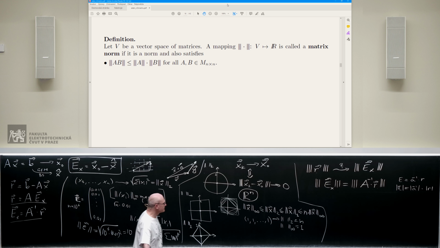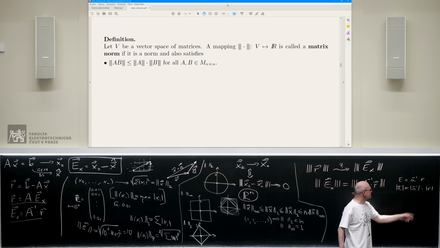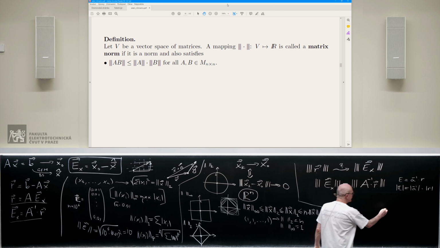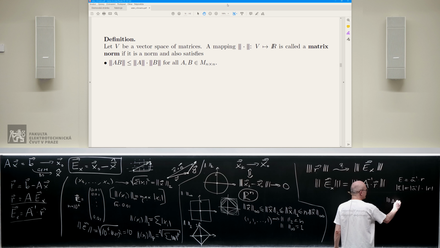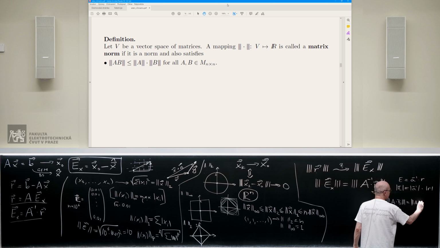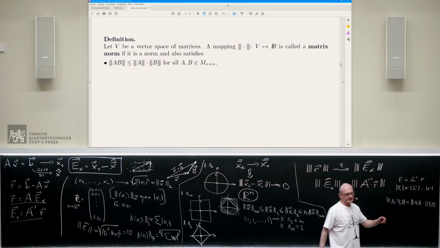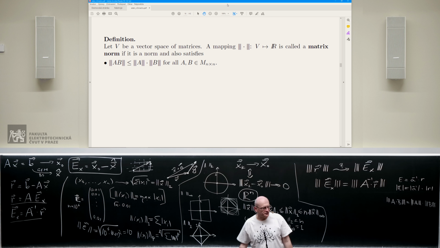Now, you may think, inspired by this equality here, when I apply absolute value, that it would actually be nice if the norm of A times B was equal to norm of A times norm of B. That would definitely be nice, but unfortunately this requirement is too strict.